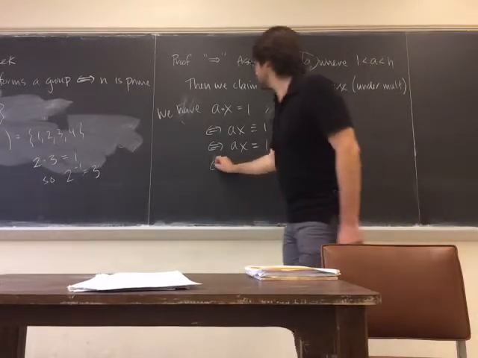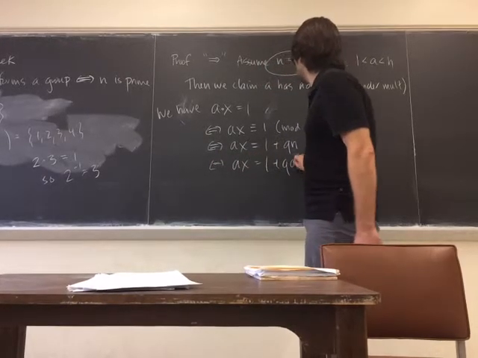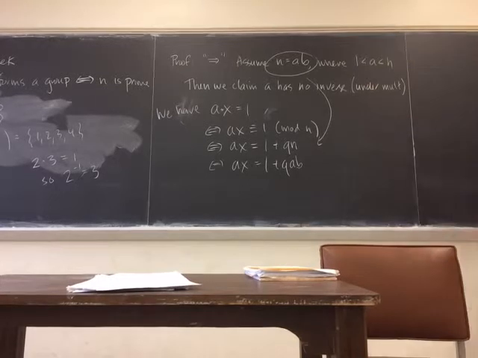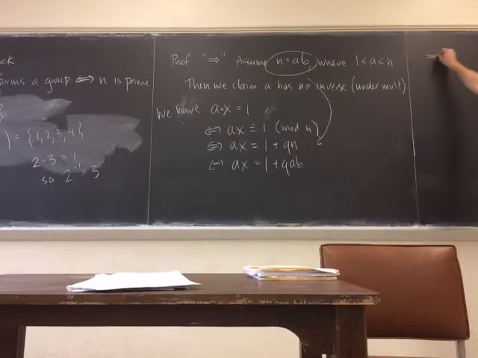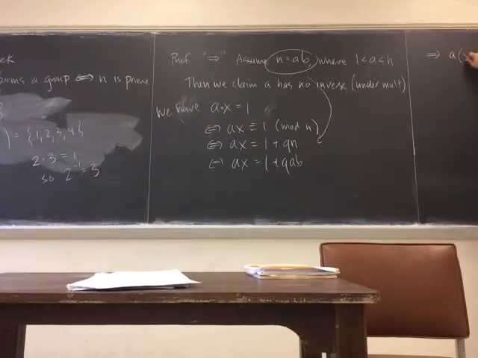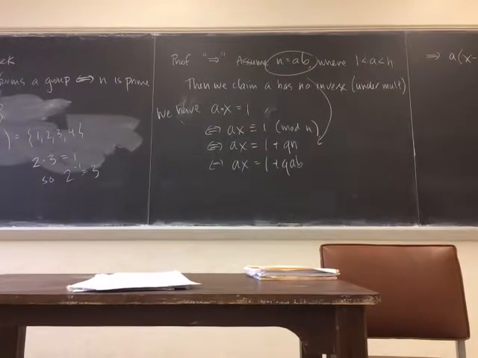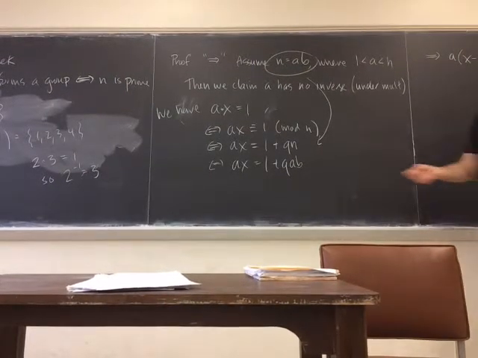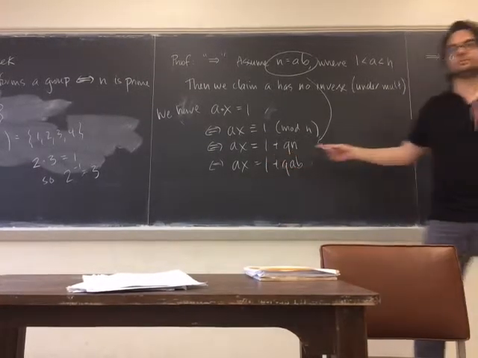That means ax is equal to 1 plus q times ab, which implies, if I put all my a stuff on one side, that a times x minus qb equals 1. Just collecting all my a's on one side.